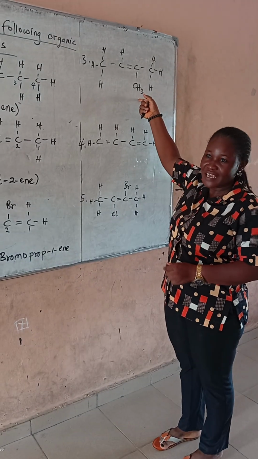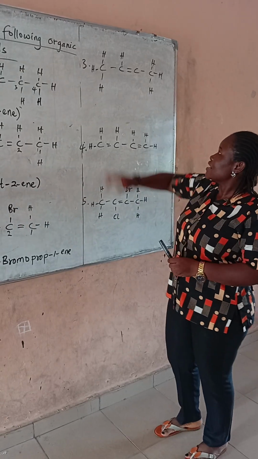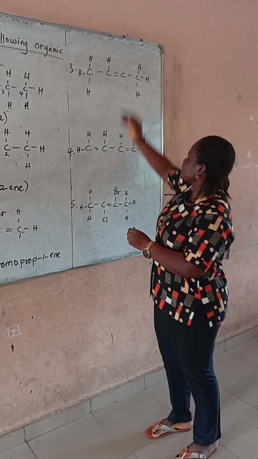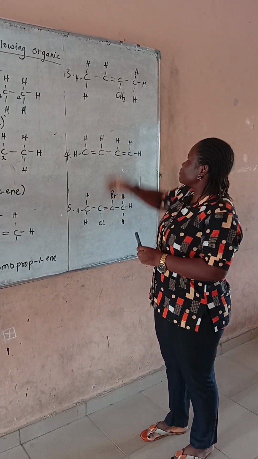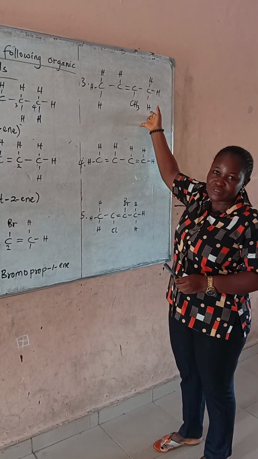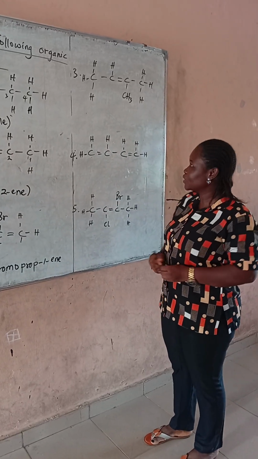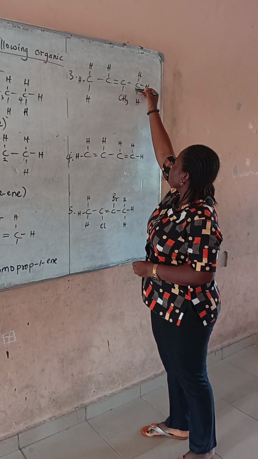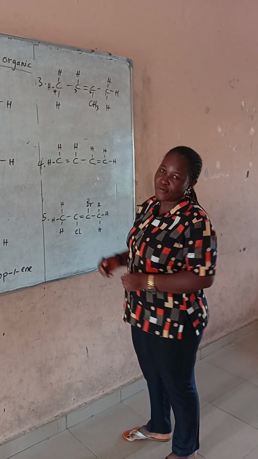Even if there was no substituent attached at all, I can start anywhere. But because I have a methyl substituent, I will start from here so as to do what? Consider my substituent being the methyl group. So I have 1, 2, 3, and 4.